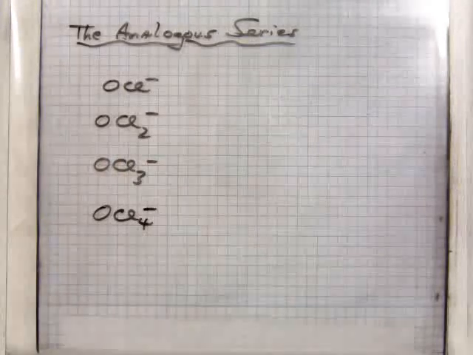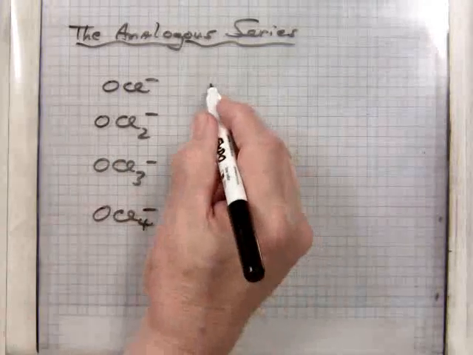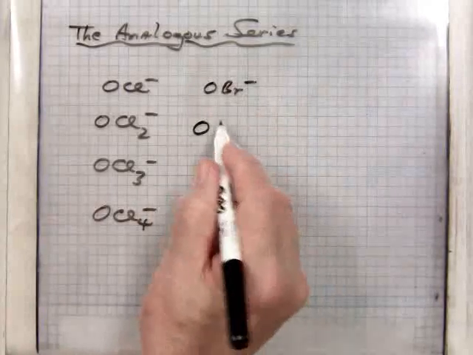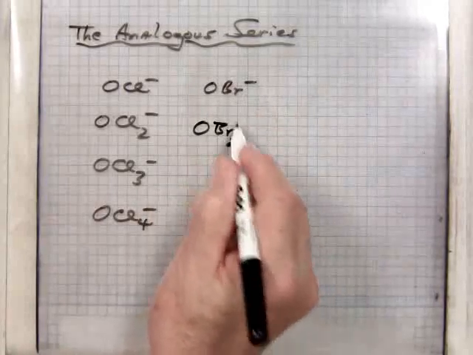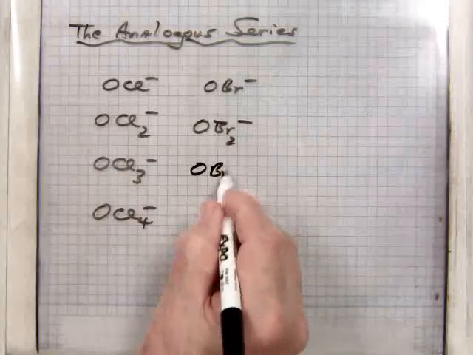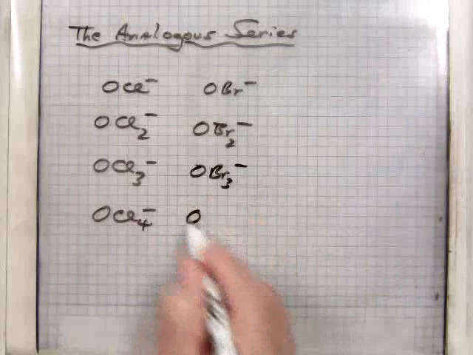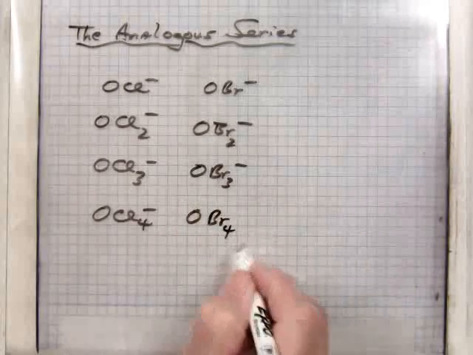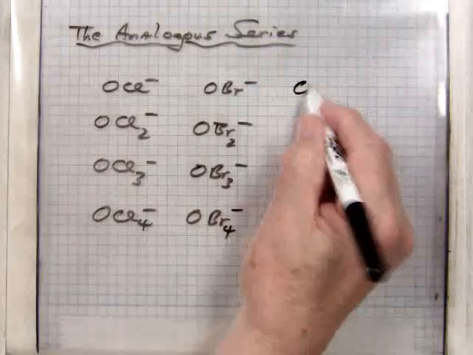Well, you can also have OBr in the same halogen series, and that's why we call it an analogous. They're similar. And iodide also.